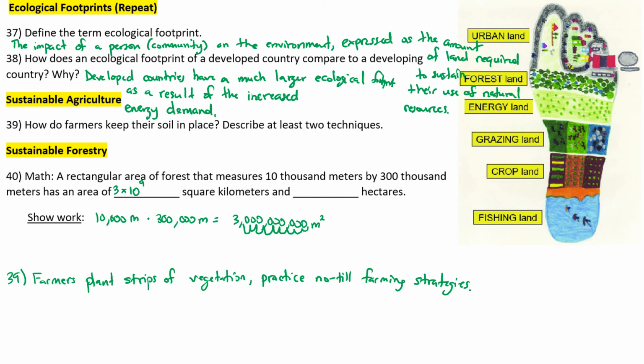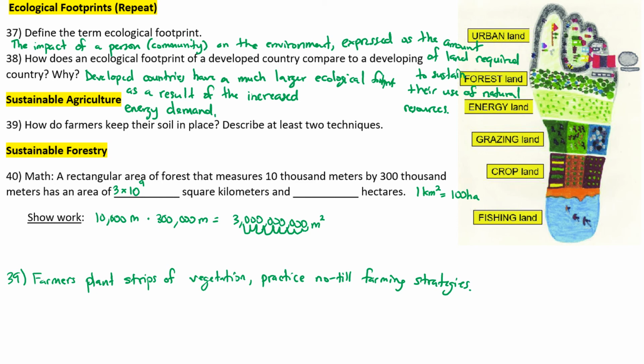Next, I'm going to convert that into hectares. So the conversion factor is 1 square kilometer is equal to 100 hectares. To convert that, I need to convert it to kilometers first.